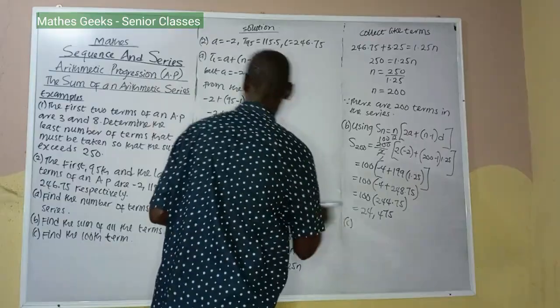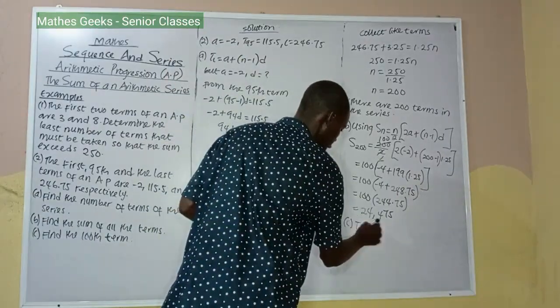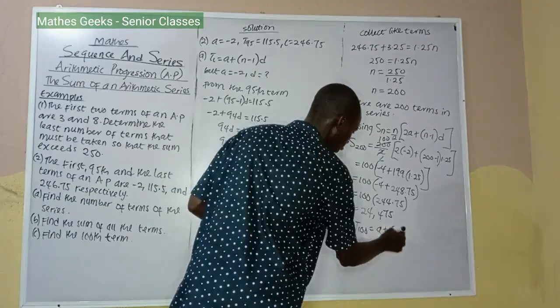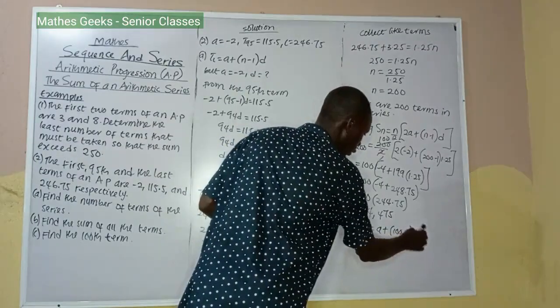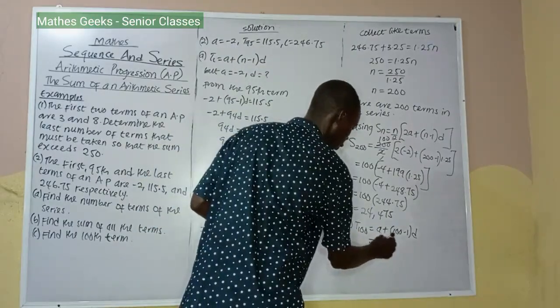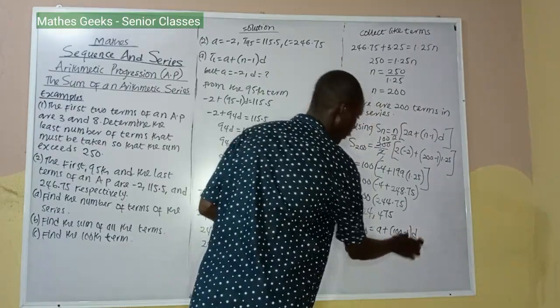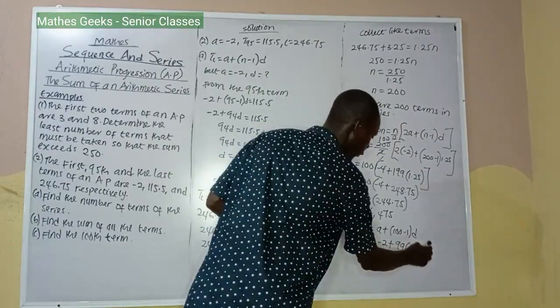C says find the 100th term. So T100 is equal to A plus 100 minus 1 D. A is minus 2. Minus 2 plus 100 minus 1, which is 99, and D is 1.25.